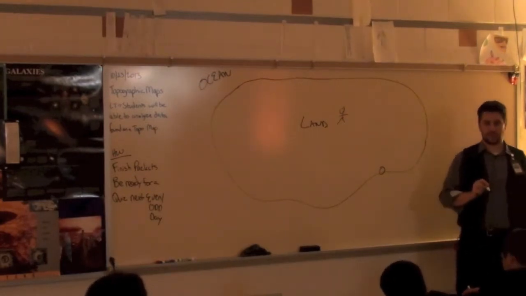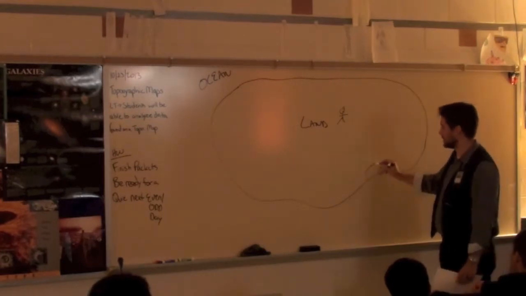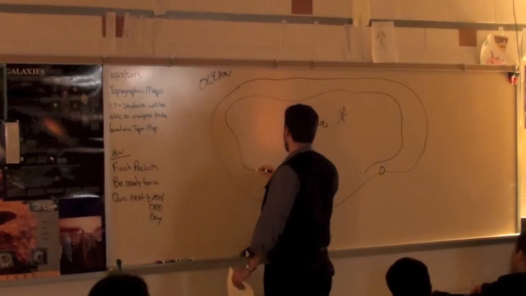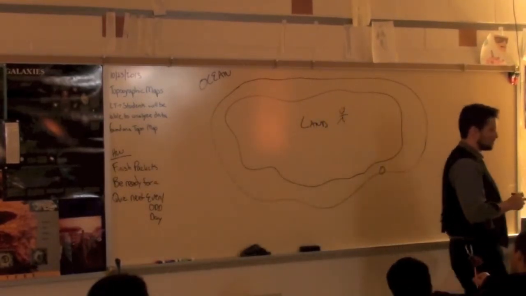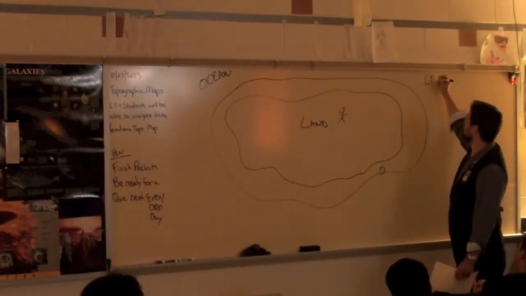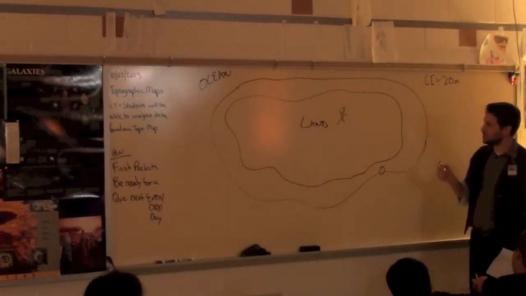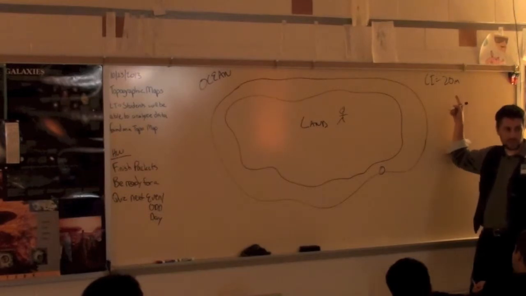Yeah. Okay. Now, let me draw another contour to this. I'm going to tell you for right now that the contour interval is 20 meters. Okay? So if this is 0, the contour interval is 20 meters.